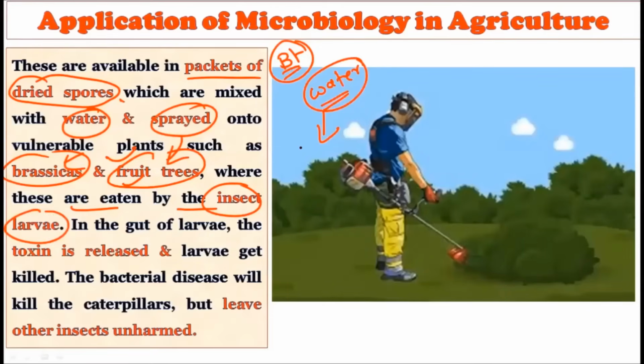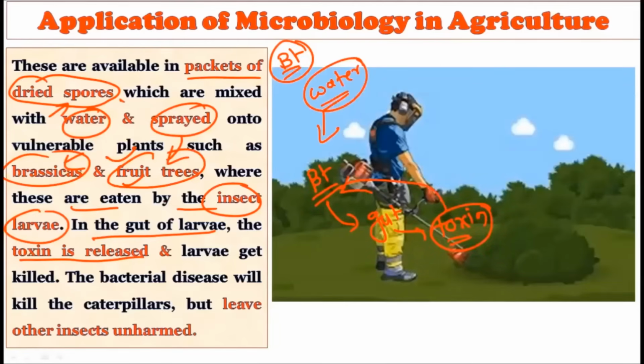Whatever insect larvae or butterfly caterpillars are there, they eat these dried spores of the Bacillus thuringiensis. Now when they eat the spores, in the gut of the larva a toxin is released by these spores. Once Bacillus thuringiensis reaches the gut of the butterfly caterpillar, it releases the toxins which are already present in its body.